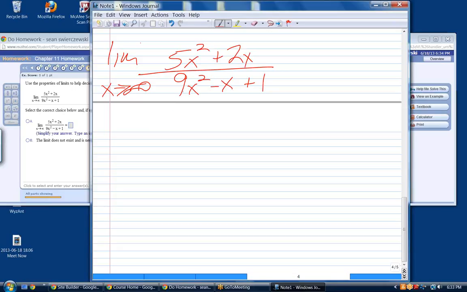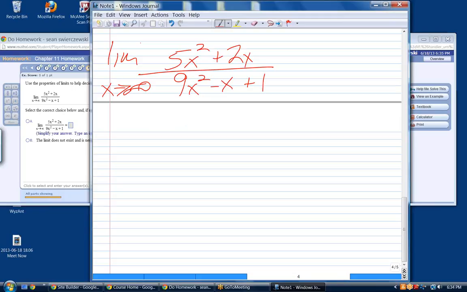I could have 3x and 3x, but then what am I going to have? I'm going to have minus 1, and I would have a middle term of 6 minus 6x. So the bottom does not factor nicely. However, what I can now do is divide every term in the top and bottom by x squared, the highest degree there is.